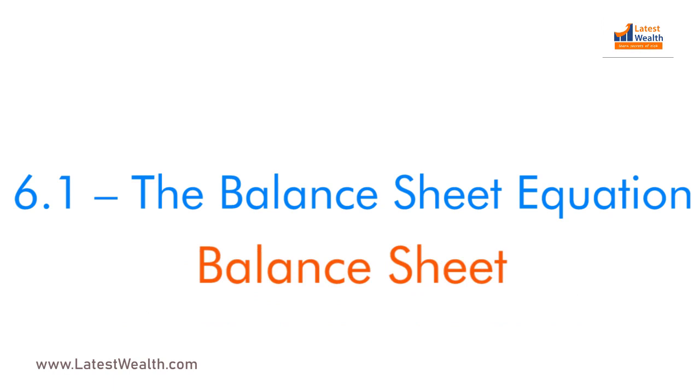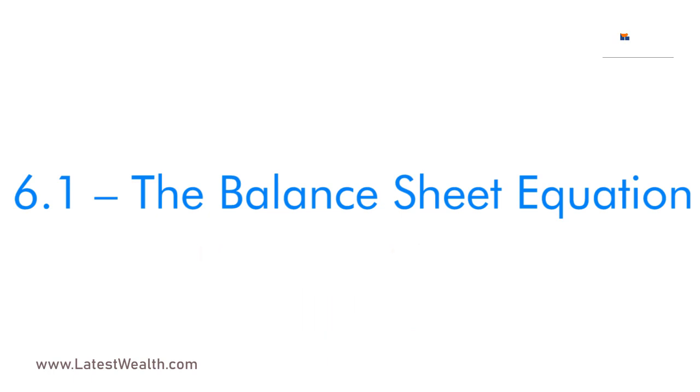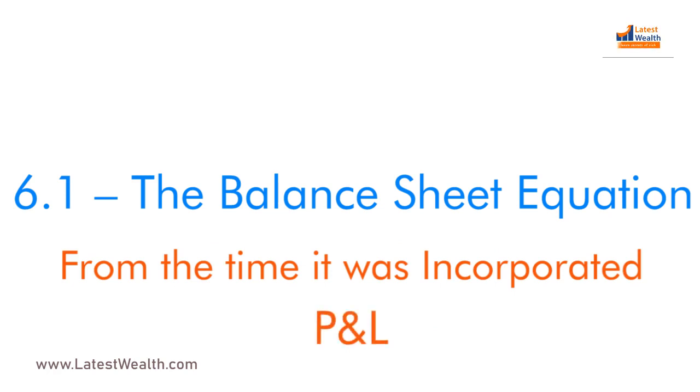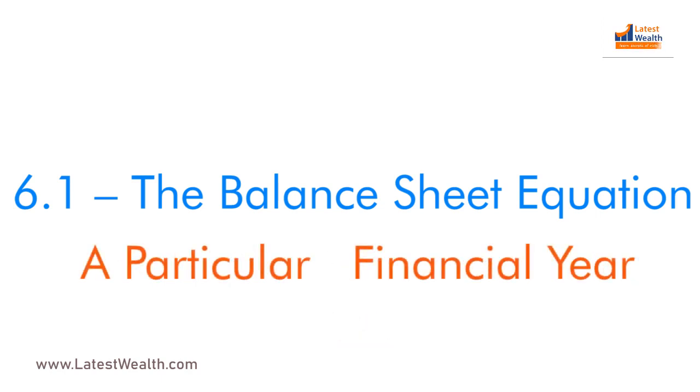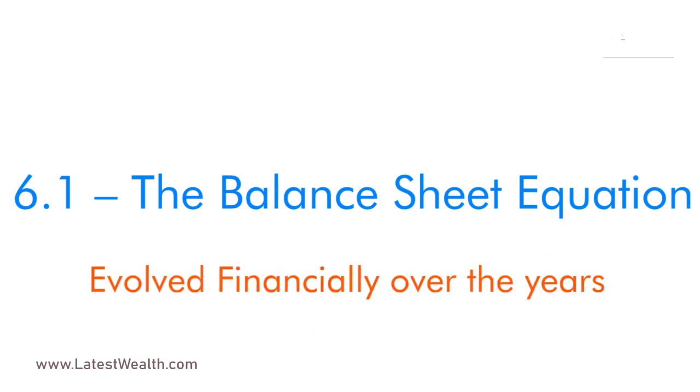The balance sheet, however, is prepared on a flow basis. That means it has financial information pertaining to the company right from the time it was incorporated. Thus, while the profit and loss talks about how the company performed in a particular financial year, the balance sheet discusses how the company has evolved financially over the years.